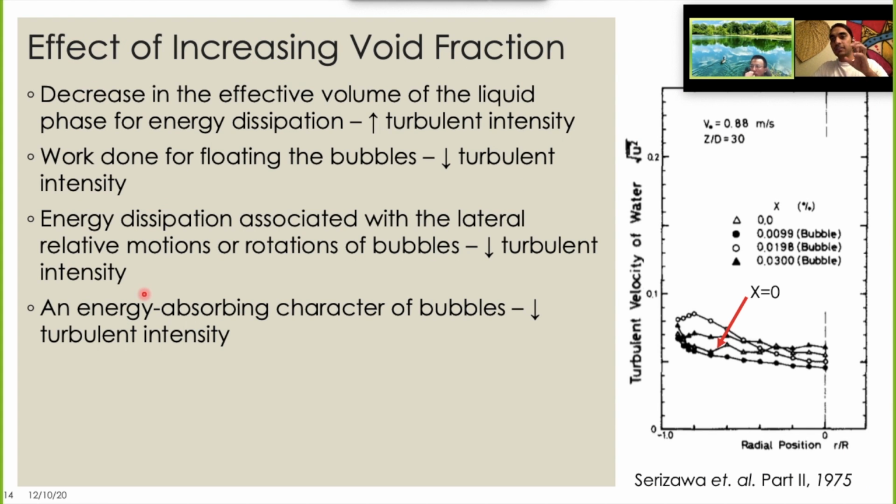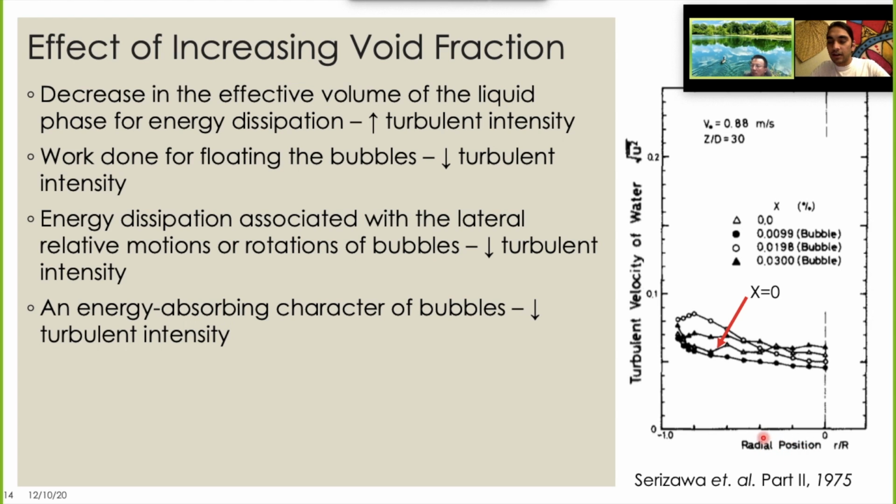So the first result that I want to look at is basically what happens to the turbulent velocity of water. And as I go through my results section now, you will see a progression from basically 1975 to 2018. So there's a lot of development that you'll be able to see in the results section here.